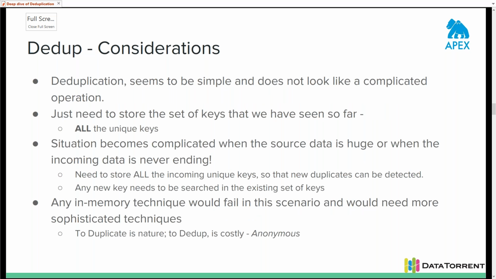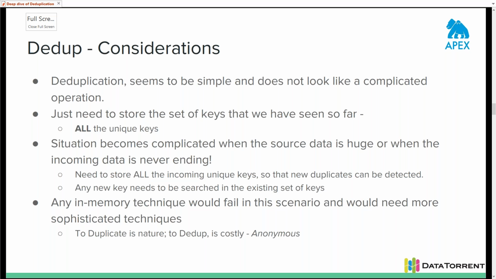Let's look at dedup in a little more detail. It does not look like a very complicated operation. If you want to write deduplication logic in some programming language, it's pretty simple. All you need is a hash set, for example.